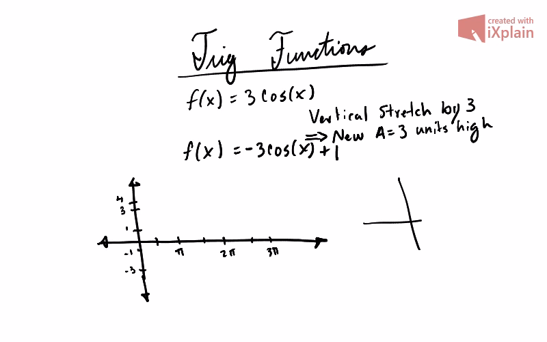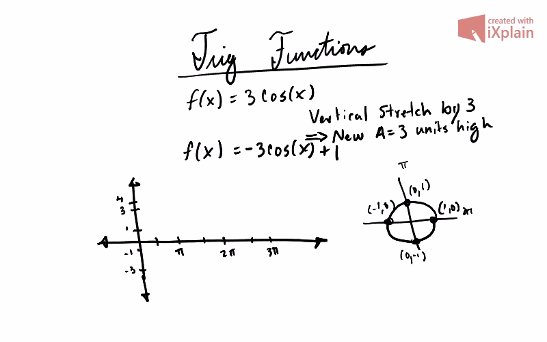Draw your unit circle and know that your points along the unit circle are 1 and 0, 0 and 1, negative 1 and 0, and 0, negative 1. Now this is 0 pi.